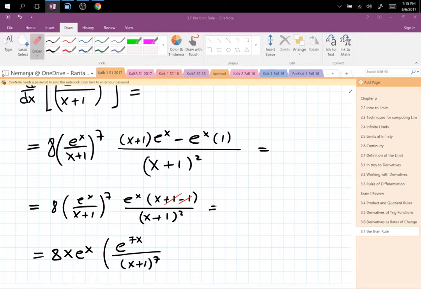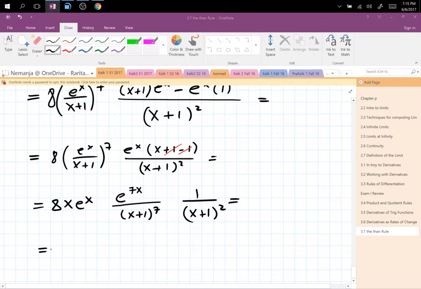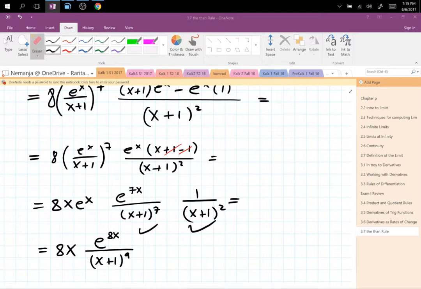I am applying the 7th power. And then over here I have 1 over x plus 1 squared, because now I can combine all of these things. You see I have this e to the x and this one, so that makes e to the 8x divided by x plus 1 to the 9th power, because I have 7 over here and 2 over there. That's altogether 9.